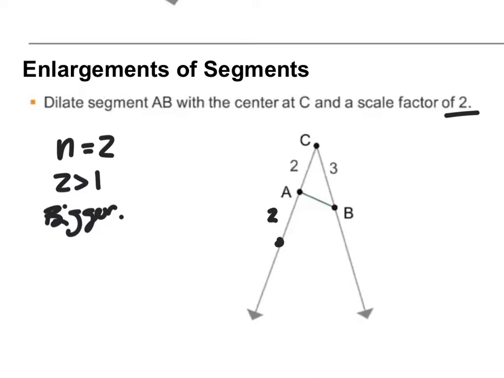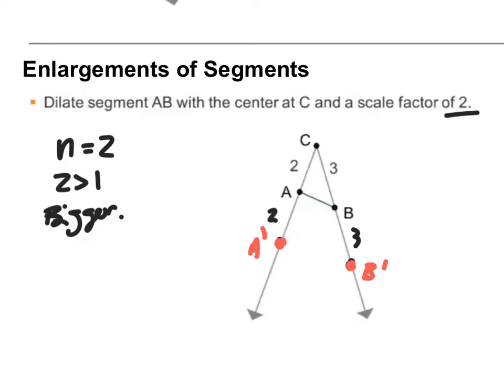Then I double this distance here, which is a distance of 3, by another distance of 3. And I get A prime B prime. I have this point here and this point down here.